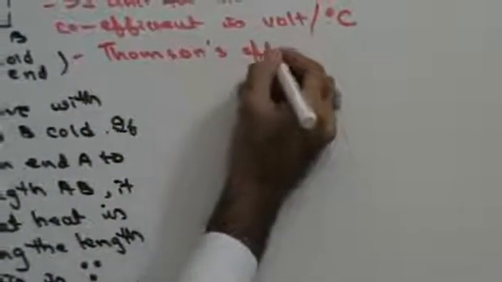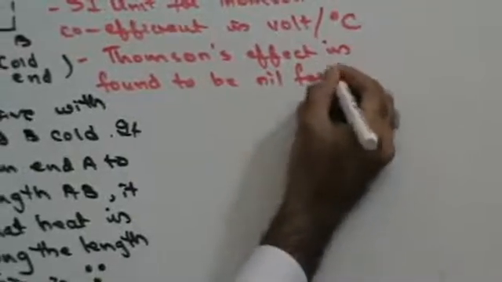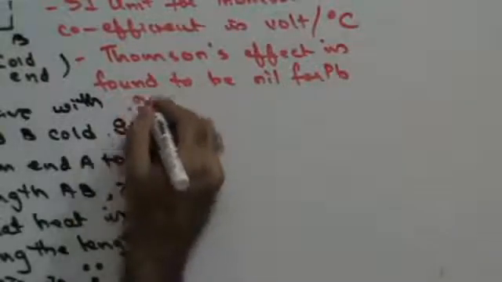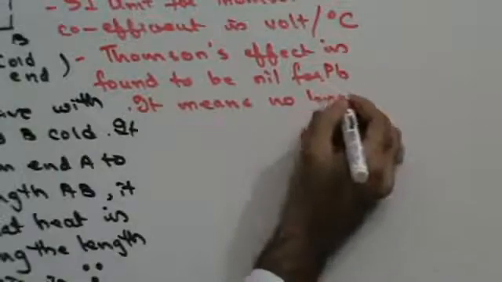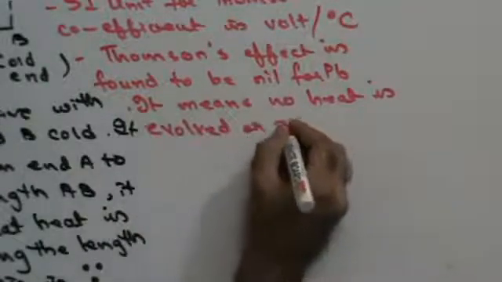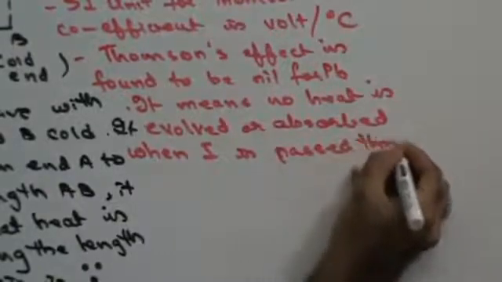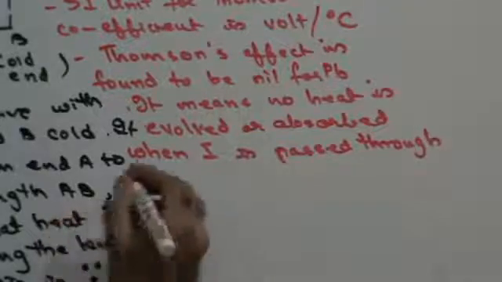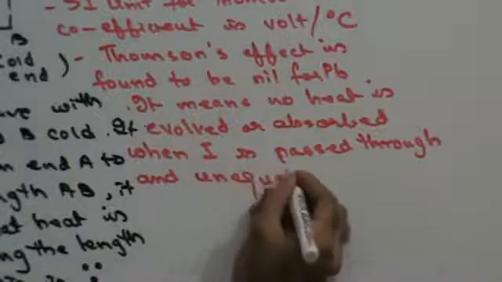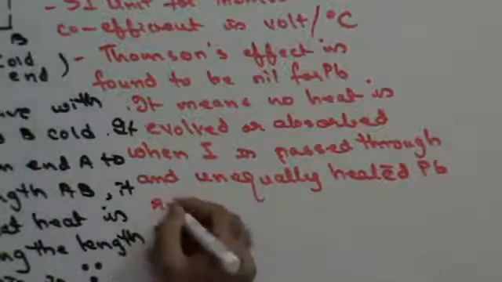Thomson's effect is found to be nil for lead. That means no heat is evolved or absorbed when current is passed through an unequally heated lead rod.